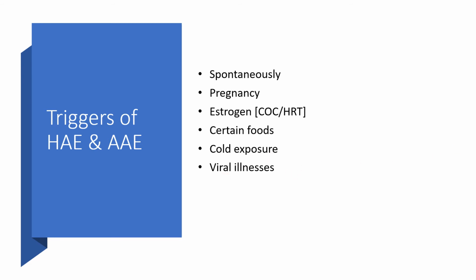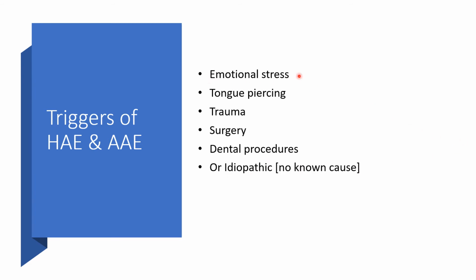Viral illnesses, emotional stress. So if you have been diagnosed with hereditary angioedema, you better make life easy for yourself. Get out of the stress. Tongue piercing. Did you hear that? Trauma, surgery, dental procedures, and sometimes we don't know what could trigger it.